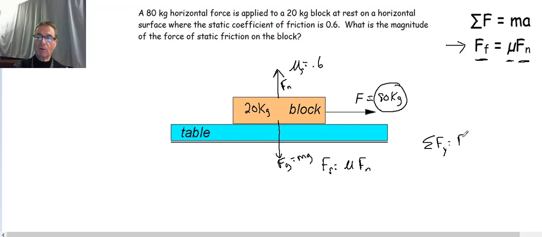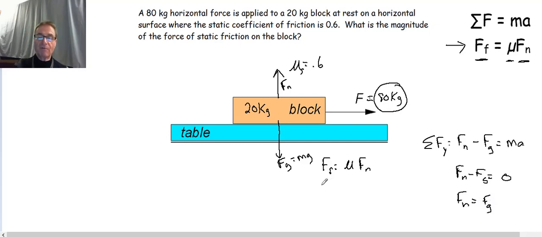I have my normal force going in the positive direction, minus my force due to gravity, which is mg, is equal to ma. Is my block accelerating? Is it physically accelerating in the y direction? No, it isn't. The acceleration is 0. So Fn minus Fg is equal to 0, or Fn is equal to the force due to gravity, and the force due to gravity is just mg.